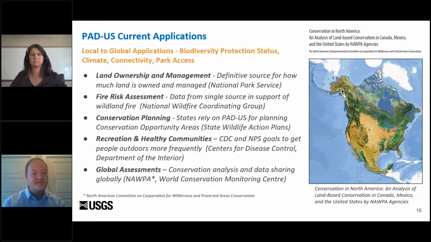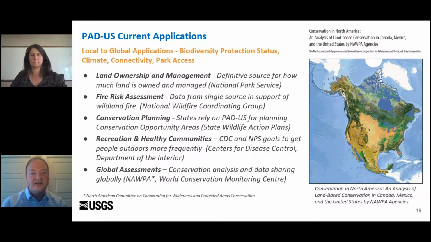Same use is applicable. We know that the National Wildfire Coordinating Group is using PAD US as a data source for understanding their planning for fire response, as well as during operation times. These data help to coordinate those efforts.